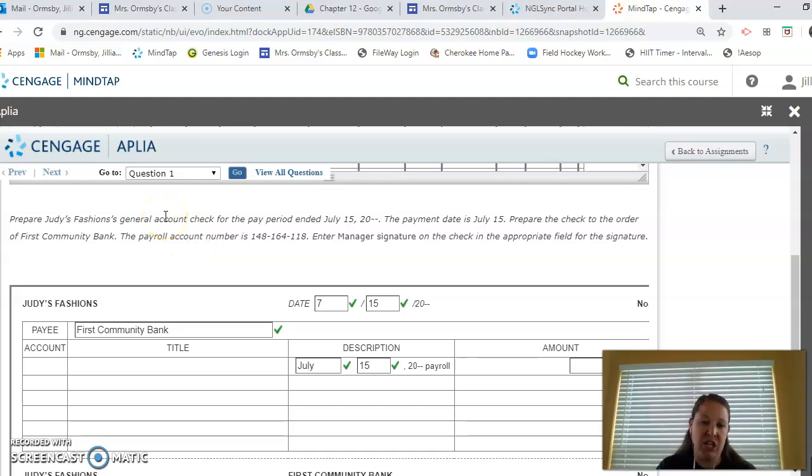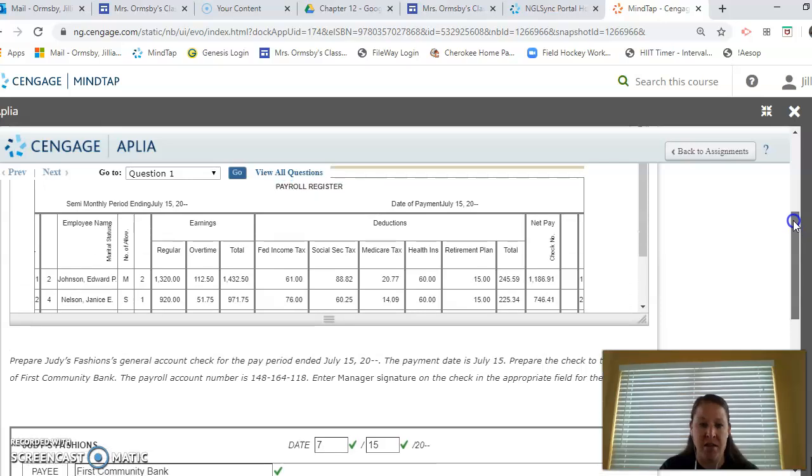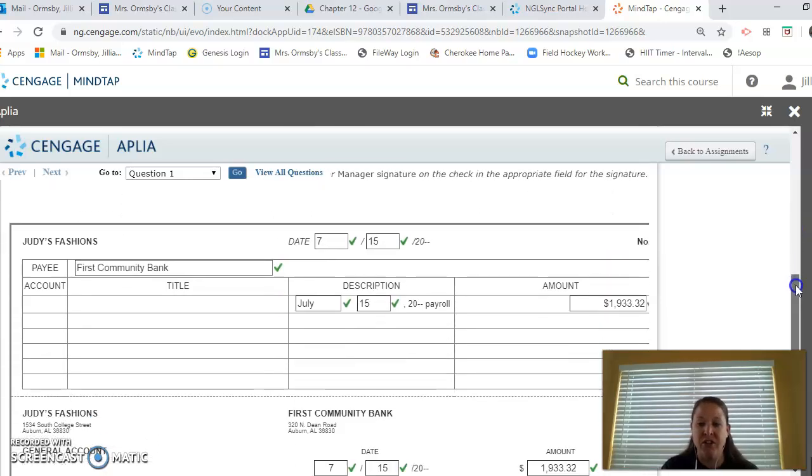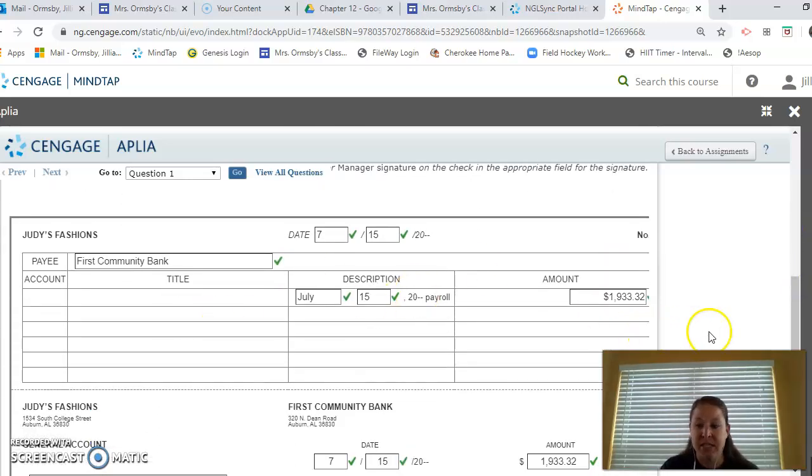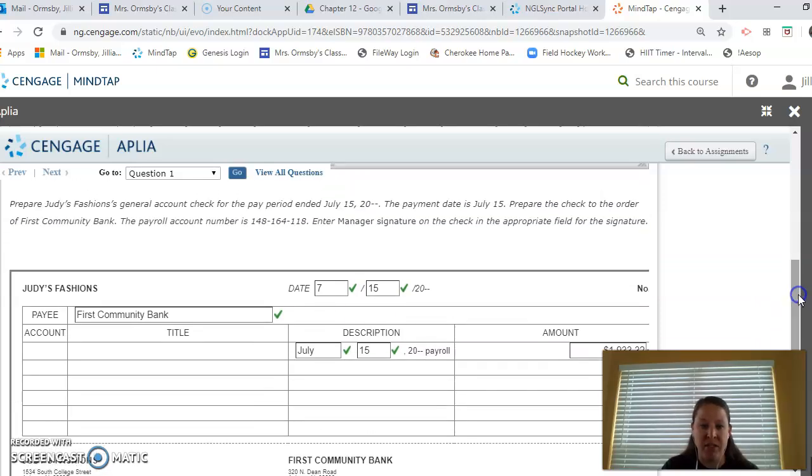A lot of the information here can be found in the directions or up here in the payroll register for you to transfer down. So it says in the directions that the payroll date is 7/15, July 15th. The payee is First Community Bank, and the reason the payee is another bank is because we're just transferring this money from one account to another.